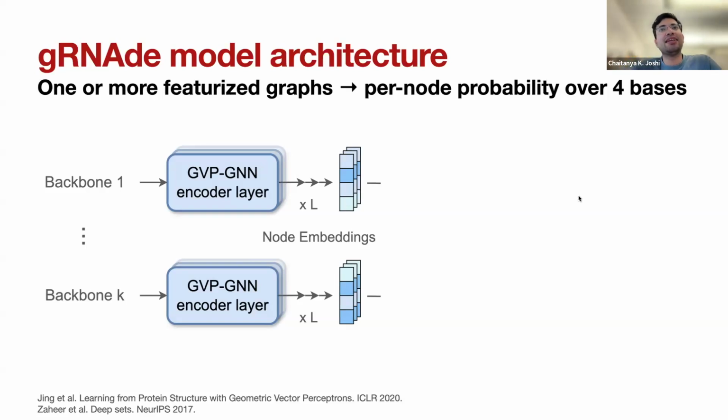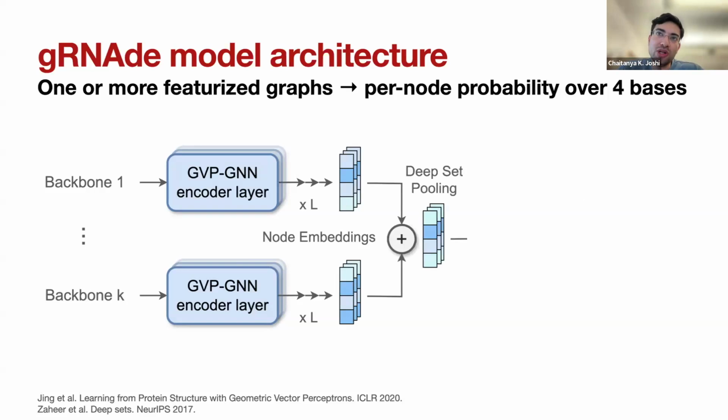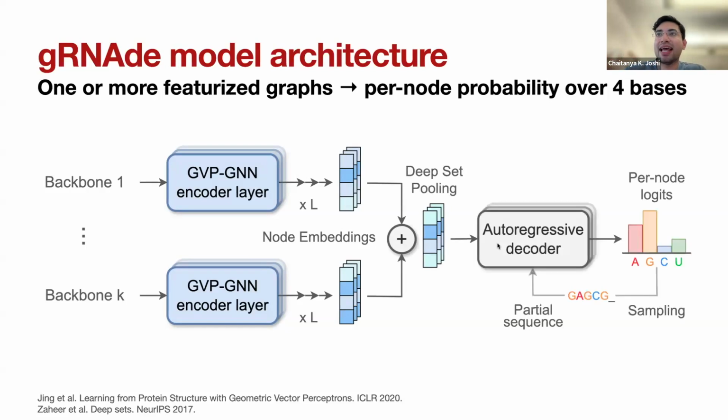Once you get these embeddings from each state, you want to pool them together. We do something really simple: we average the embeddings of multiple states, or we use DeepSets to sum them together. Then you want to decode the sequence for each nucleotide.